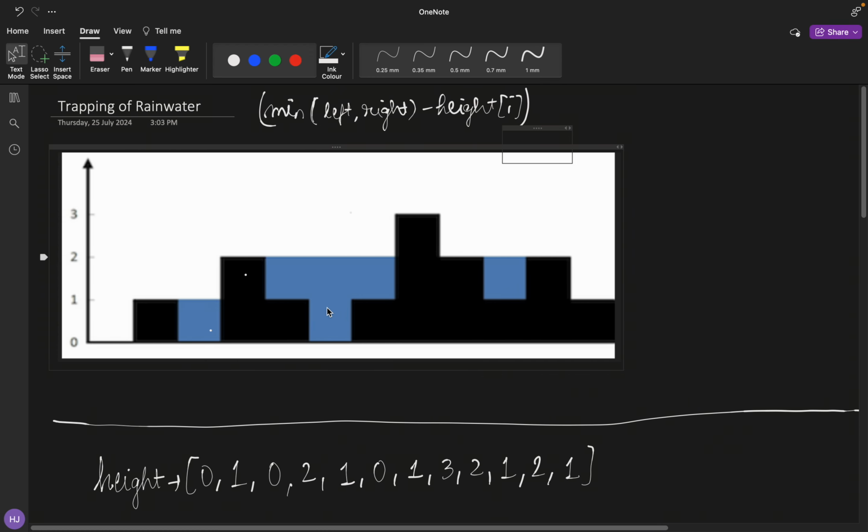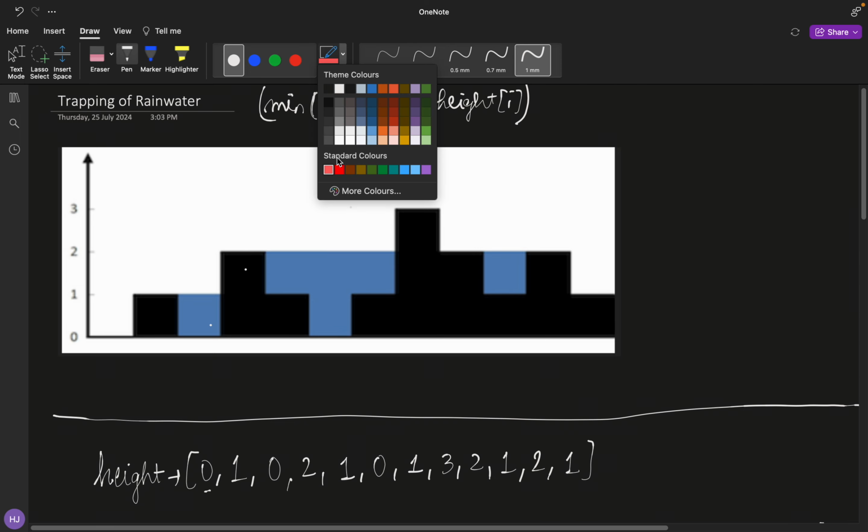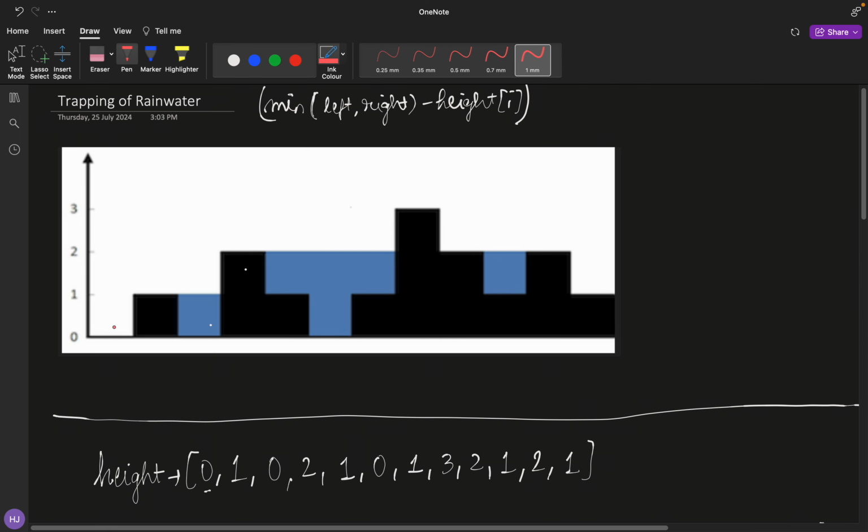So we are given some heights, and we have to figure out how much rainwater we can trap, the maximum amount of rainwater. So with height 0, as we can already see, there is no building to the left, so no water can be stored in this block.